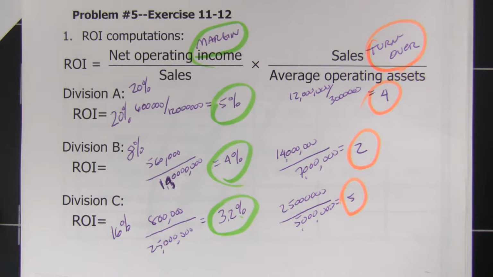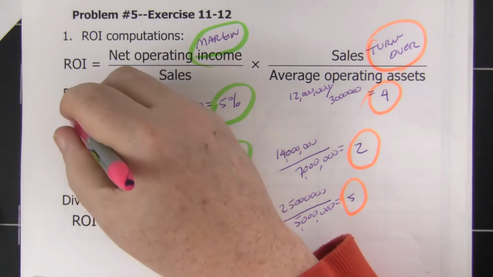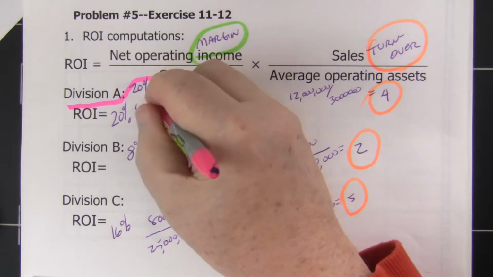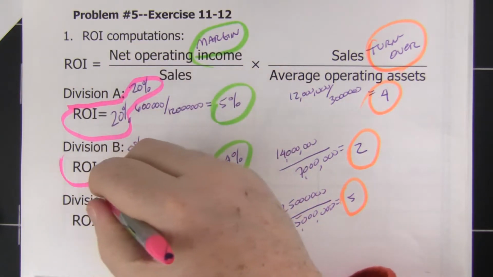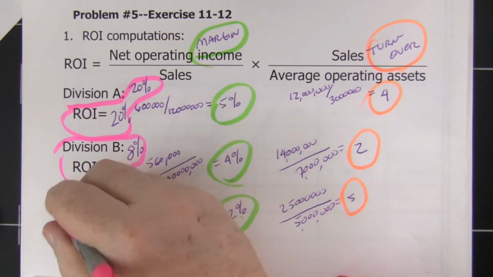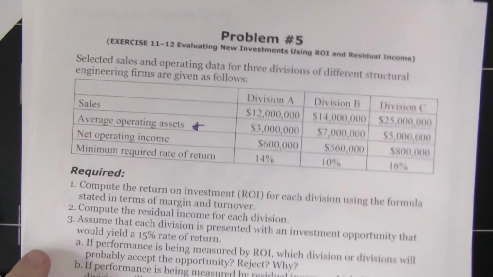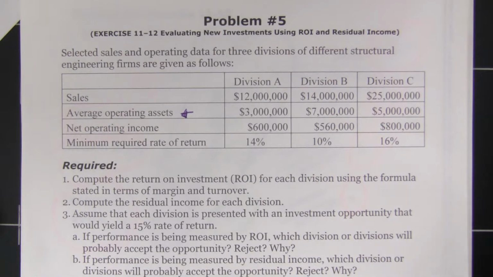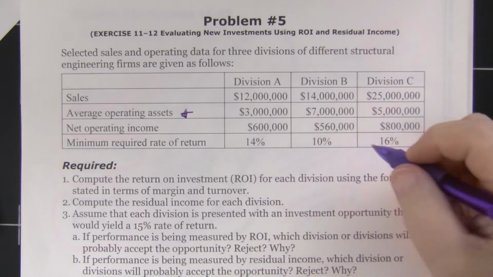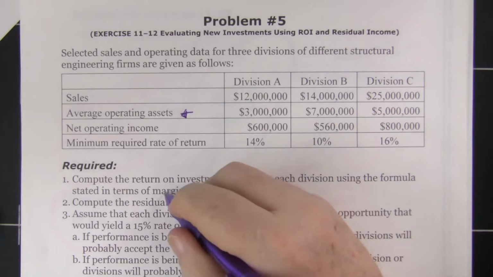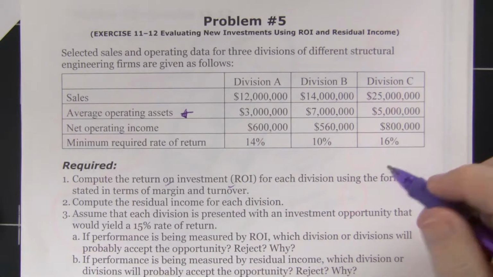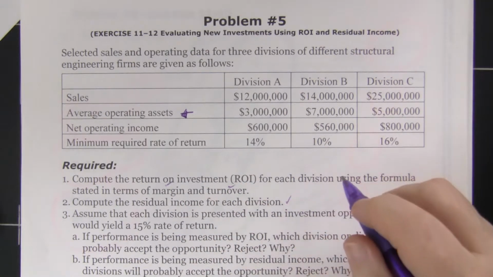And the return on investment, I'll circle in hot pink. So that's the first part of the problem. We computed ROI for each division using both margin and turnover. We did that. Now we have to compute the residual income.